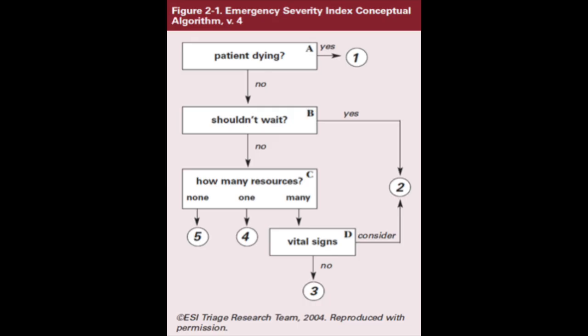So a few take-home tips. You want to triage based on the presentation of the patient to the ED. So if they came in by EMS and were, say, unresponsive or had some life-threatening situation that EMS addressed, and now at arrival the patient is much more stable, you want to base your ESI on the presentation of the patient in the ED.